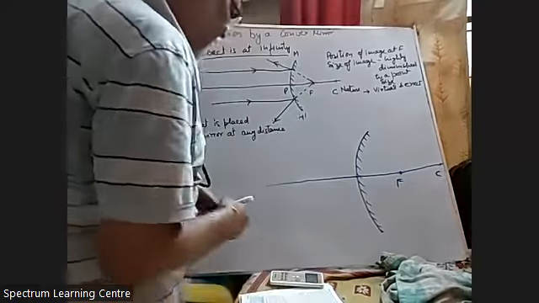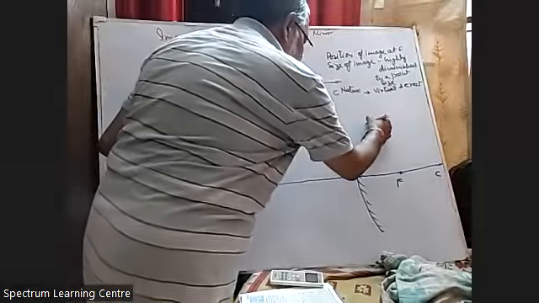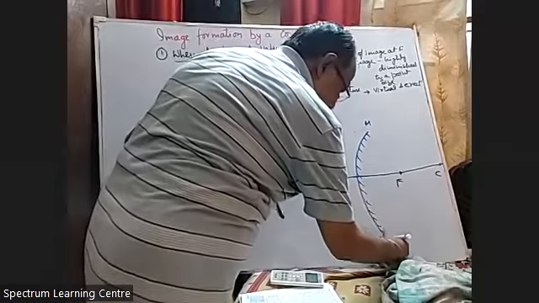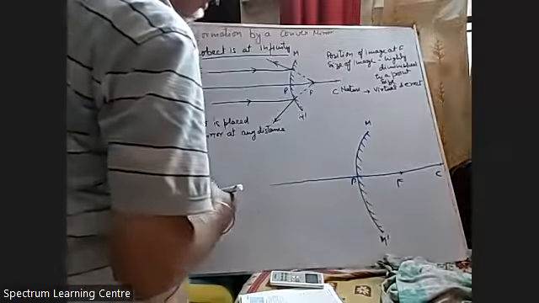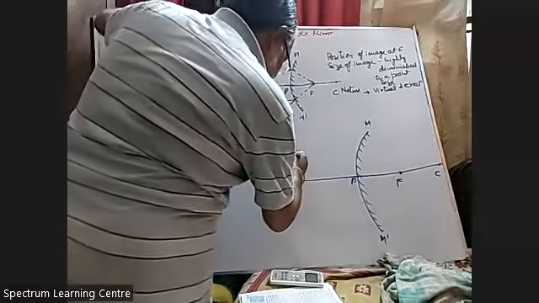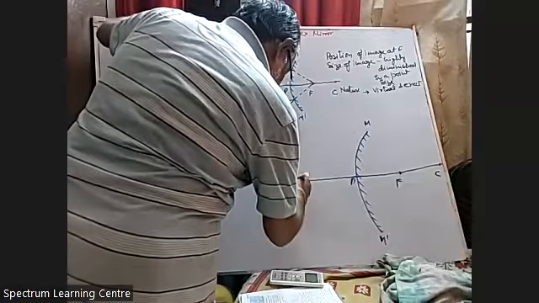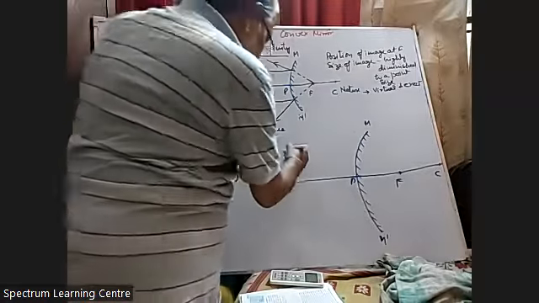Now suppose, and this is the mirror M dash. Don't forget to write all this. And this is pole P. Now if I have kept an object here, right?